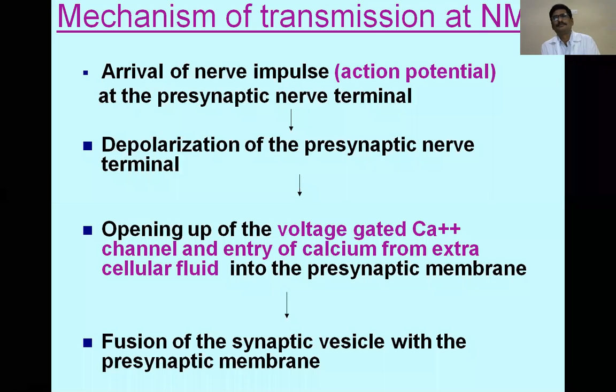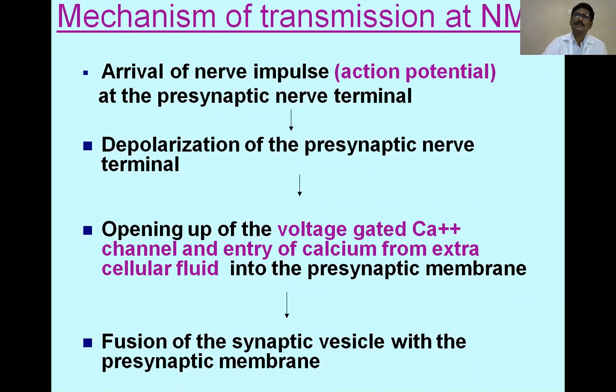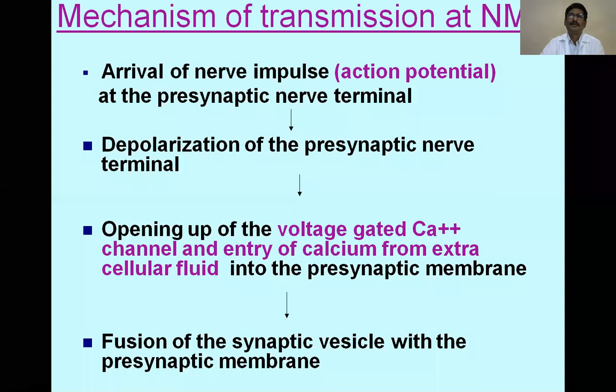The acetylcholine vesicles then move and bind with specialized areas called active zones, where they initially bind, then fuse, and then release their contents by a process called exocytosis. The whole process we normally call priming and docking.